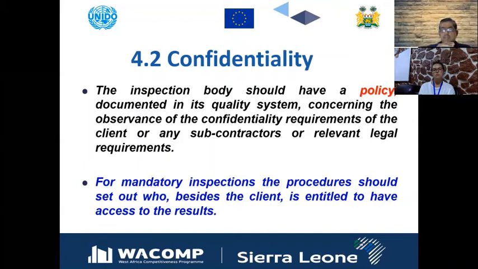So there should be a stakeholders committee that can oversee these matters, and they can meet maybe after 6 months or after 1 year to share their ideas on how to improve the level of impartiality and confidentiality. And if there are some breaches, they can identify them.